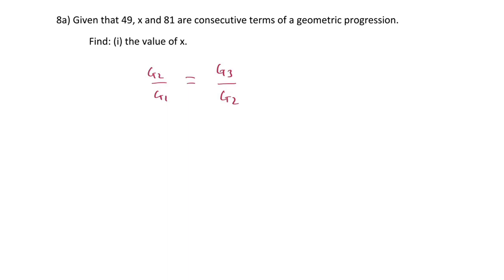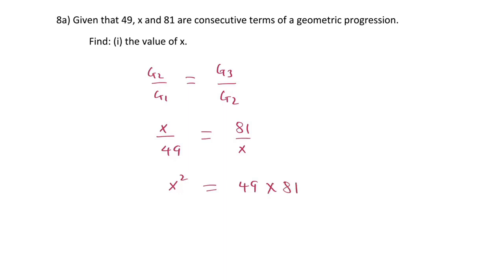Okay, so now for the given values from our equation, the relation is going to be x over 49 equals 81 over x. Okay, so now let us cross multiply these values. Then our equation is going to be x squared equals 49 times 81.